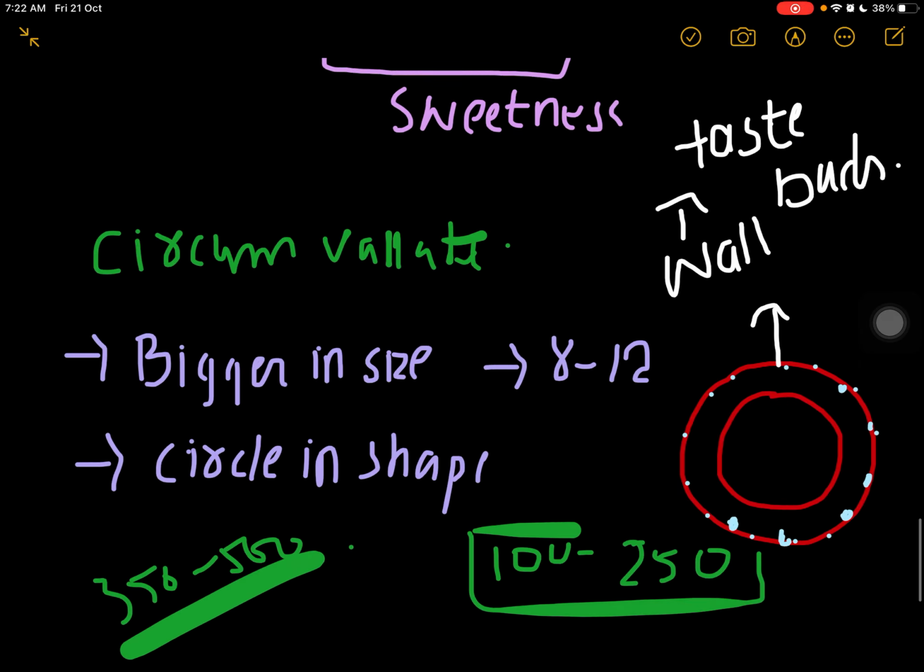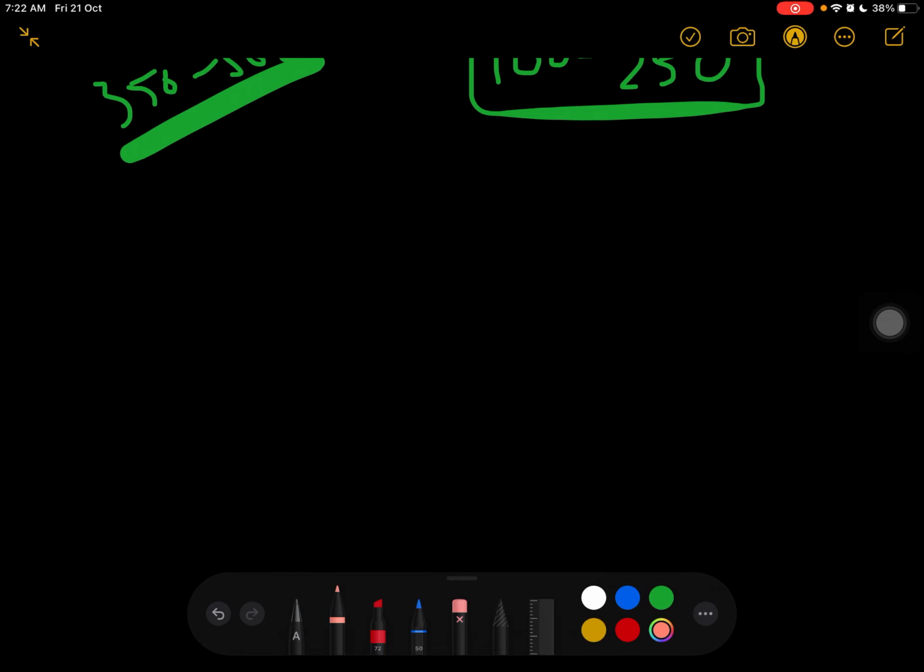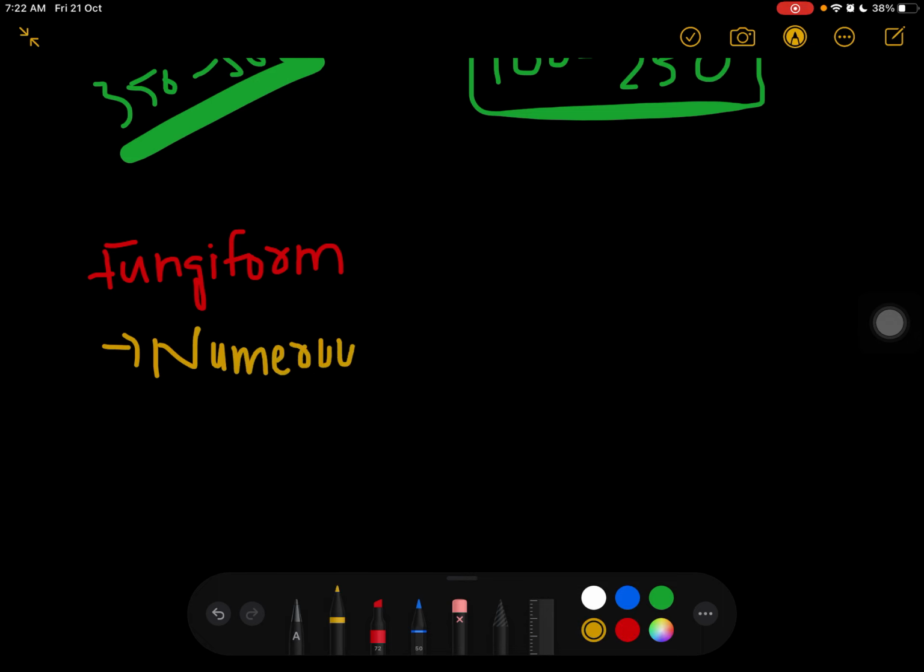Now talk about fungiform. So basically, they are numerous in number.